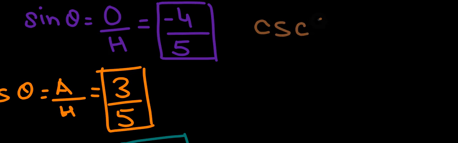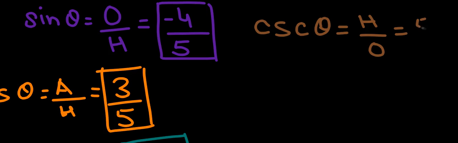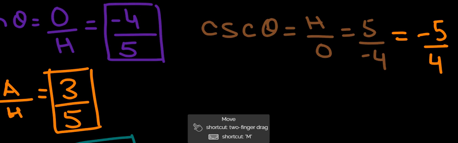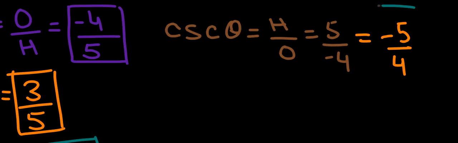So cosecant theta is equal to hypotenuse over opposite. That's equal to 5 over -4. If you notice here, positive over negative is negative. Therefore, the negative sign floats up, so it's going to be -5 over 4. And again, we're going to put it in a box. And that's our cosecant theta.